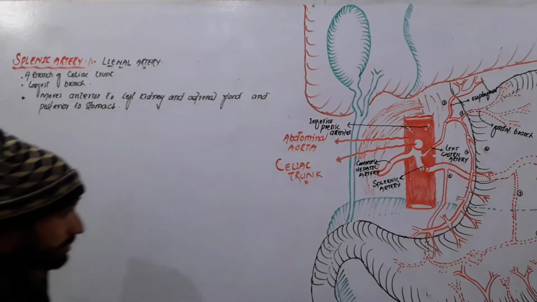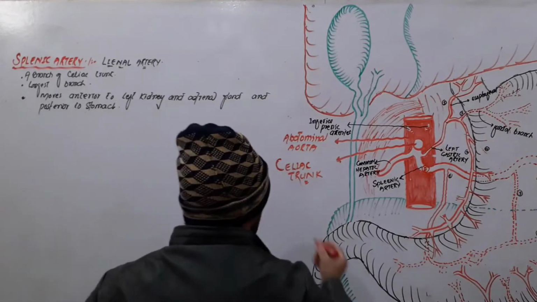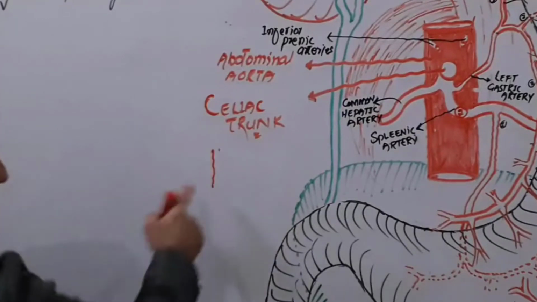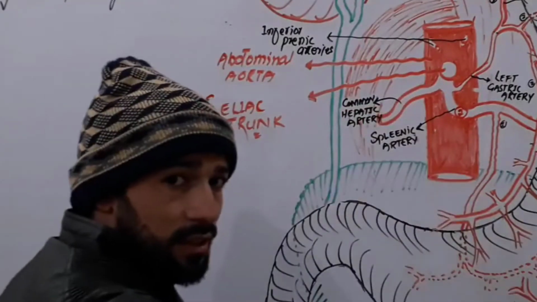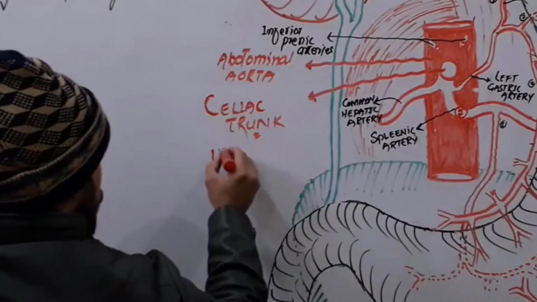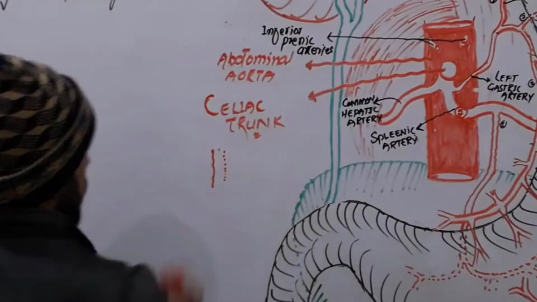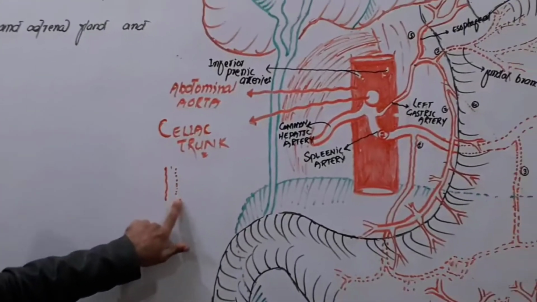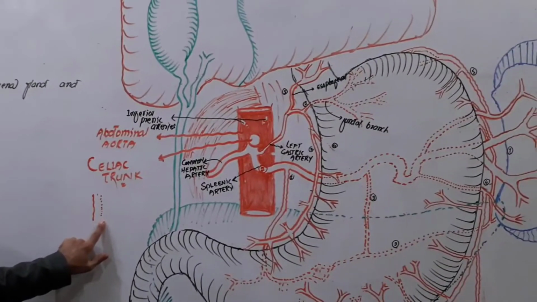Done. Look carefully, friends. In the previous lecture I told you that if you see a dark line, it means that these arteries are present anteriorly to the organ, and if you see dotted lines, it means I have shown the artery as present on the posterior aspect of the viscera or organ.